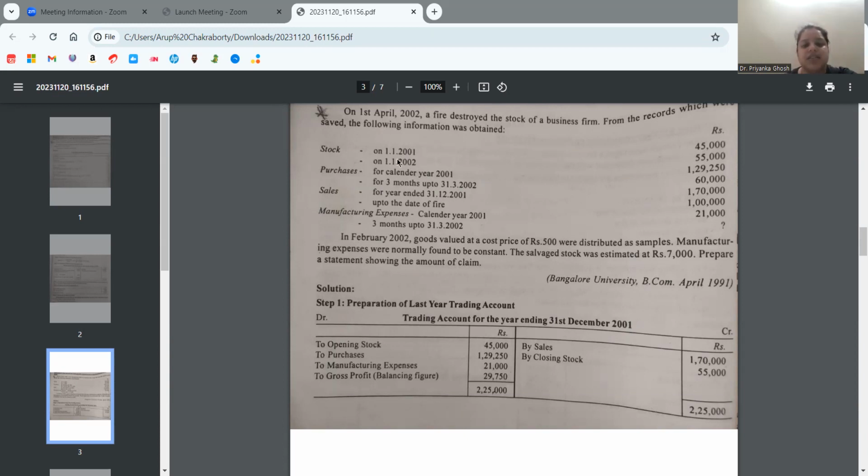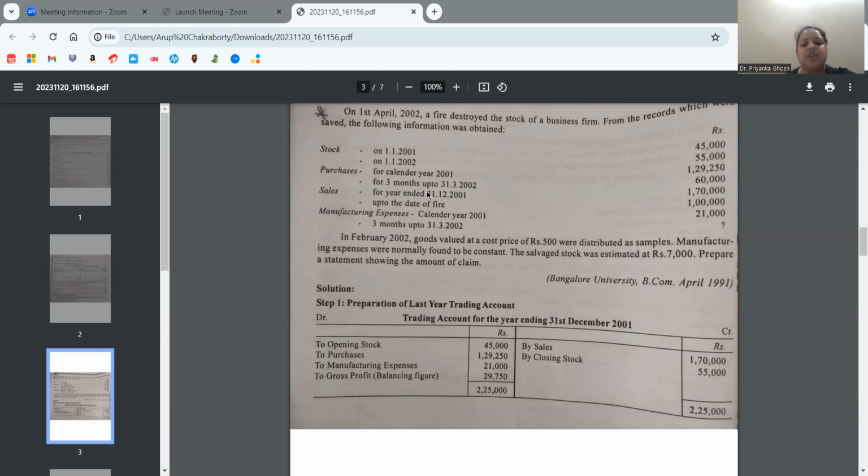So the last year closed on 31st December 2001, and from 1st January to 31st March they have given the purchase data, and on 1st April the incident happened. So from the next year, from 1st January to the date of incident, they have given all the details.